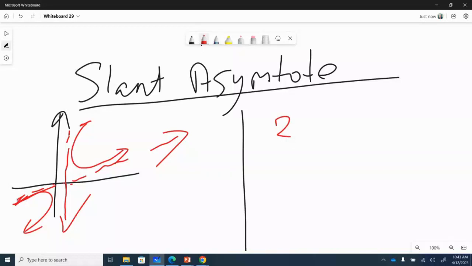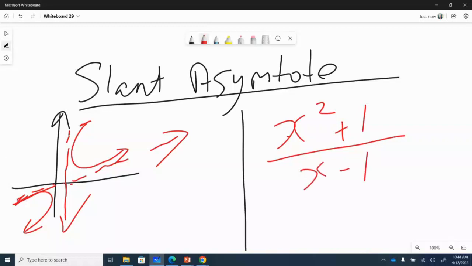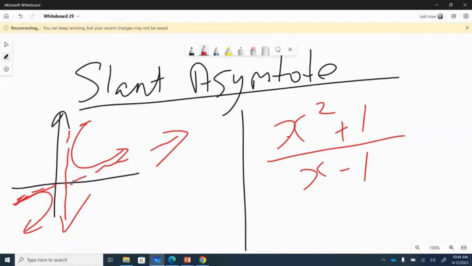I'm going to use just x. So I'm going to make up a question: (x squared + 1) divided by (x − 1). I wanted to see this function.